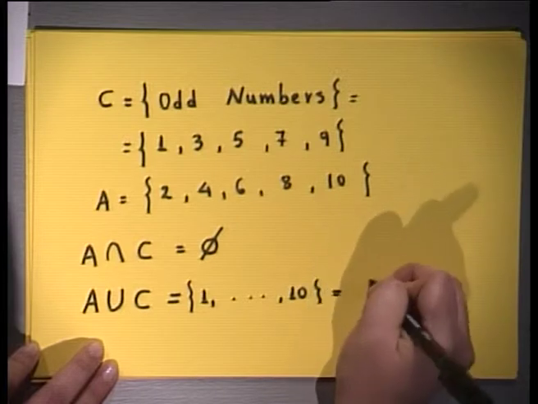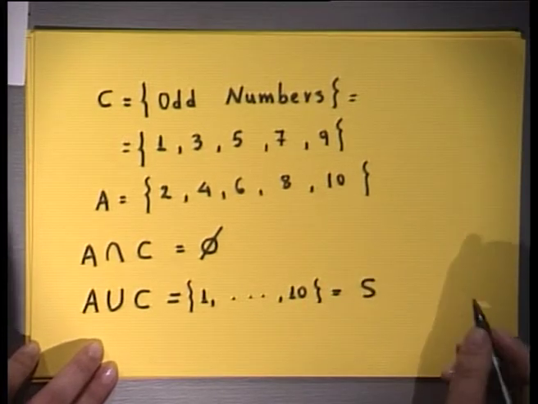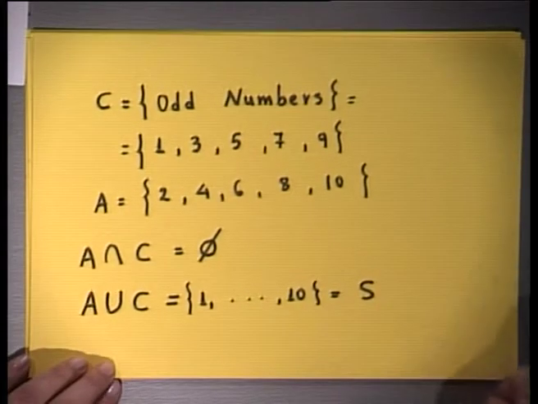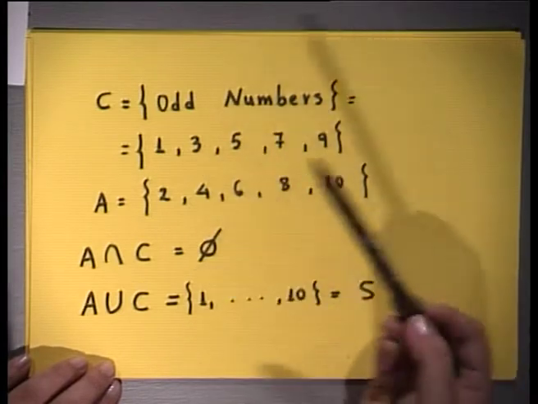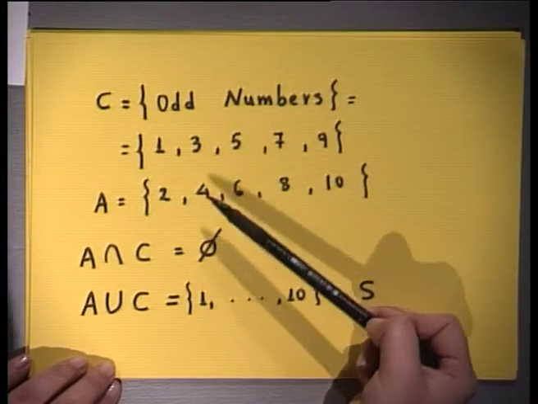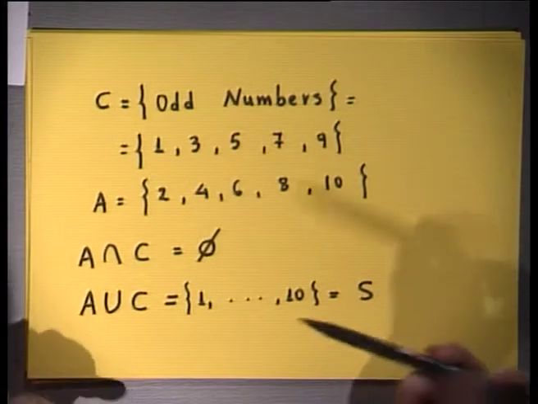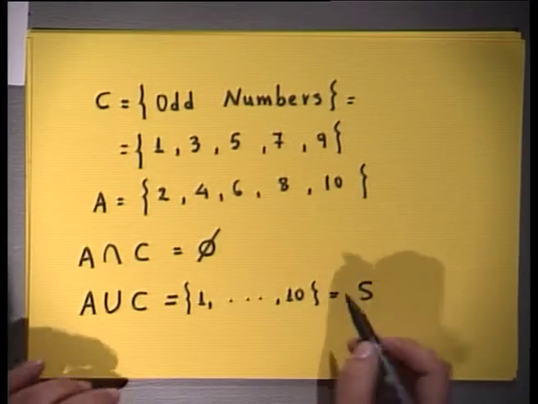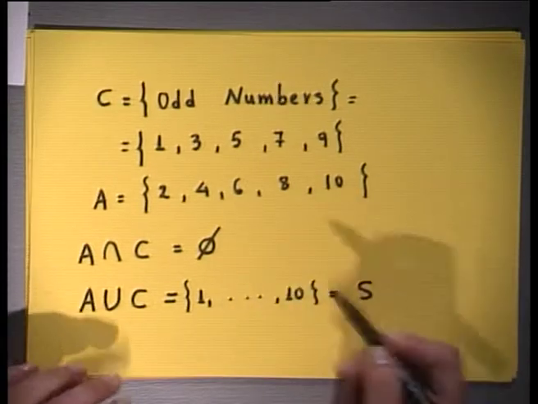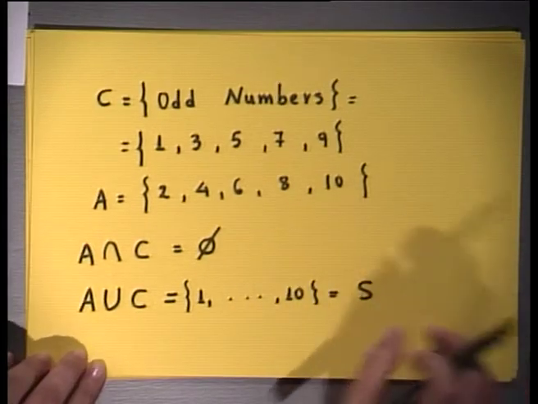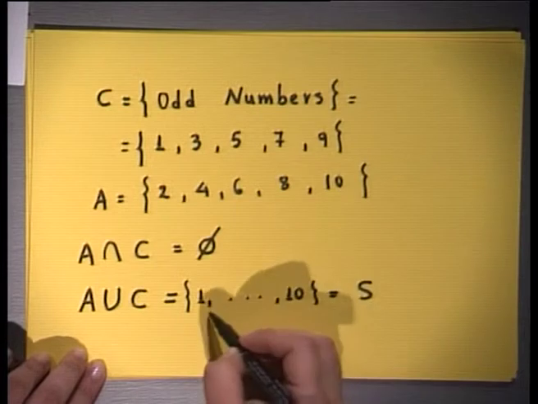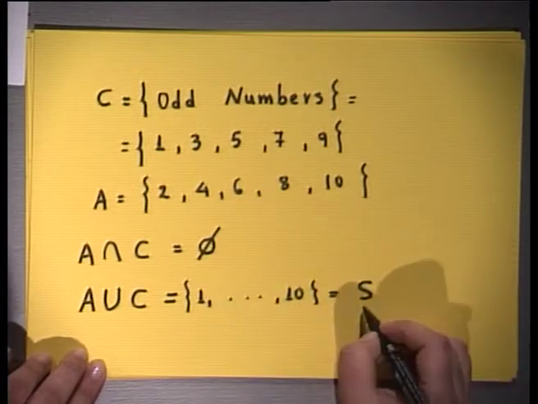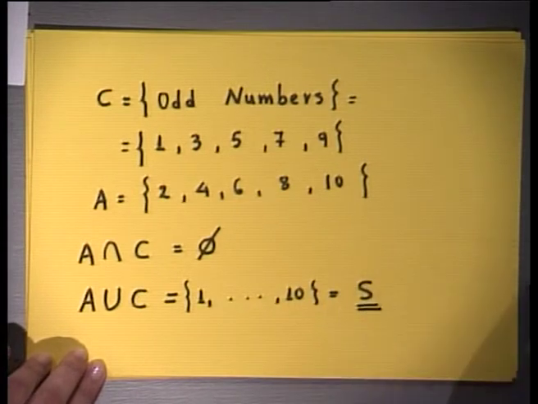It will be S. We know that if we put together the odd and the even numbers, of course, if we pick one number of these, it is going to be from our sample space. It's the certain event.